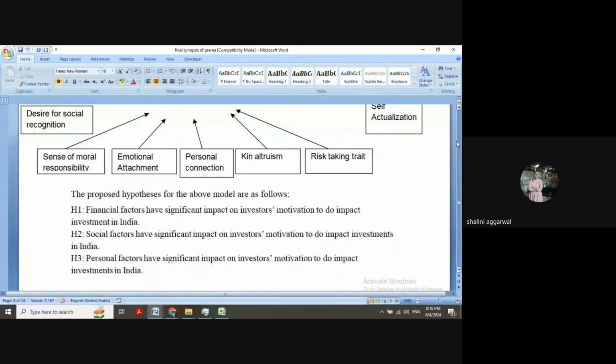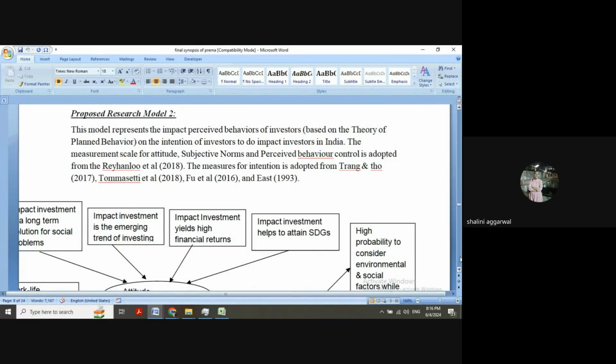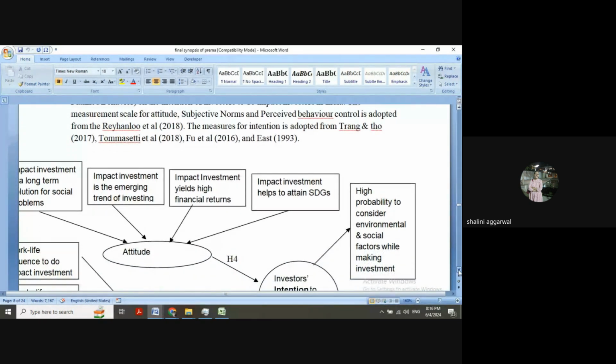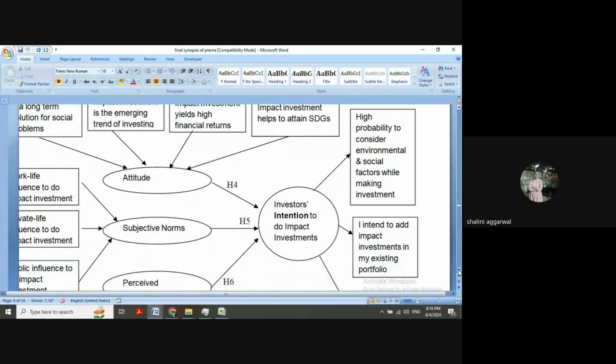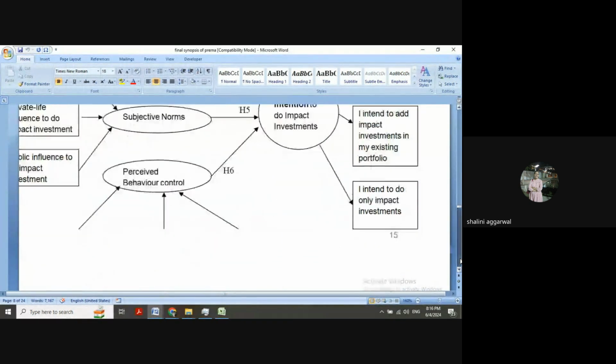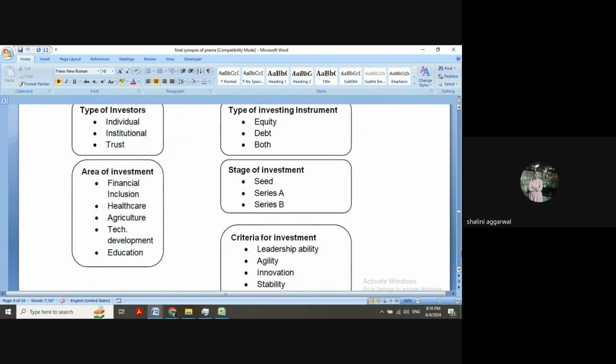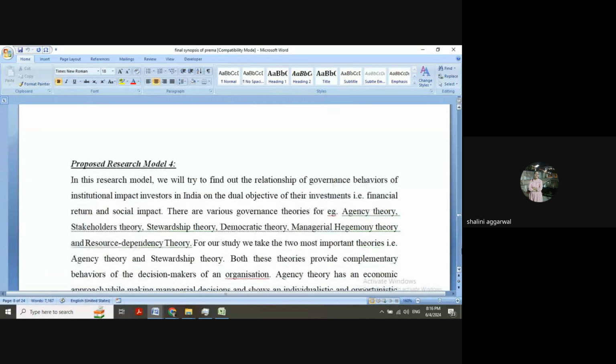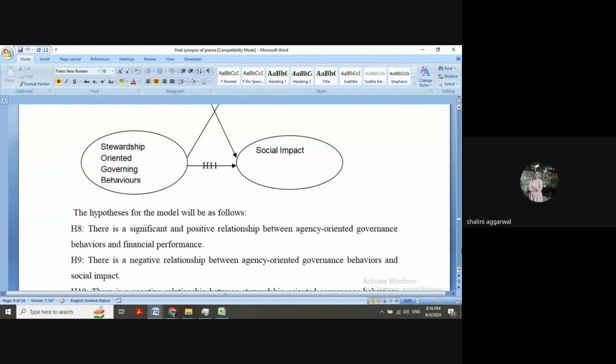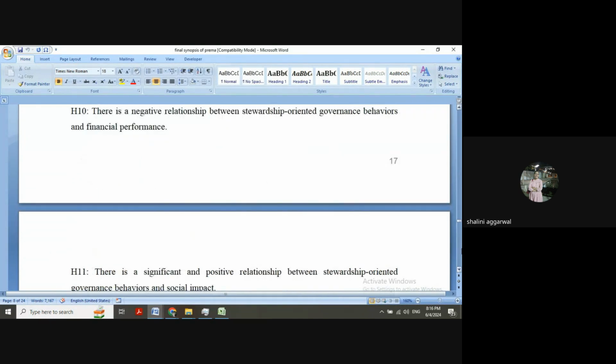Below this, the hypothesis of this model. Second objective, again another diagram, and the hypothesis. Third objective, this is on a conjoint analysis, so that is why it is a little different. Fourth, so look at this and this.